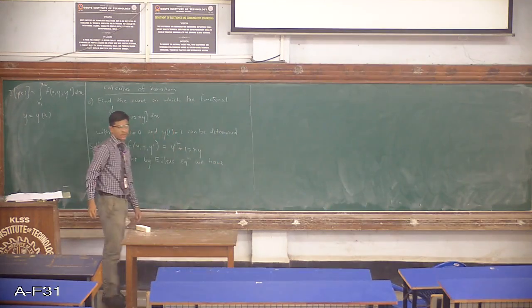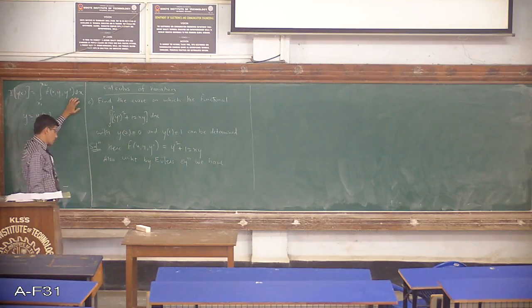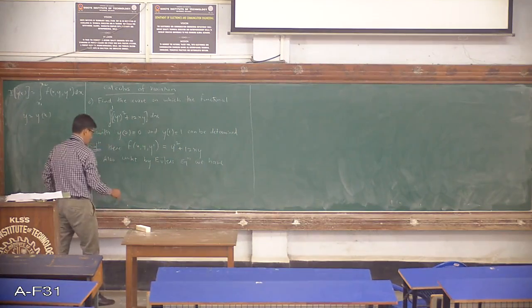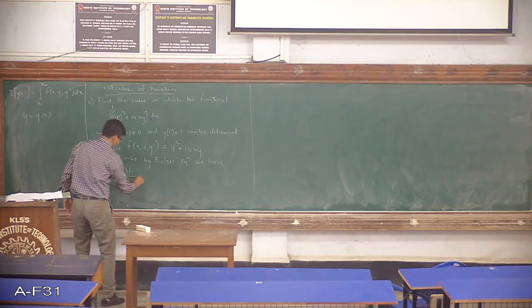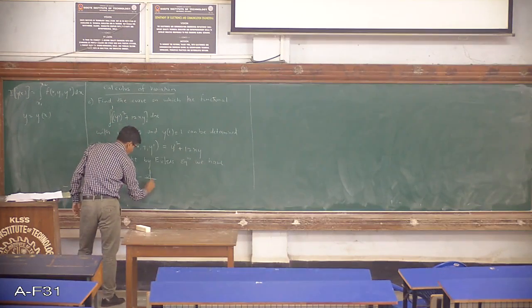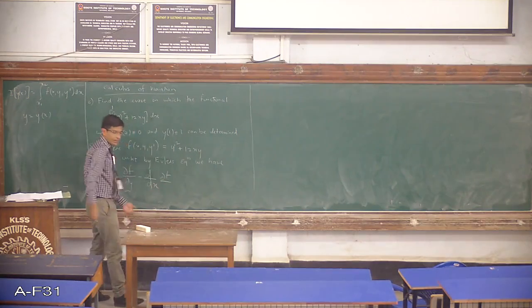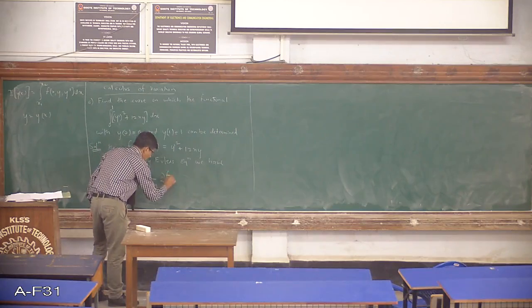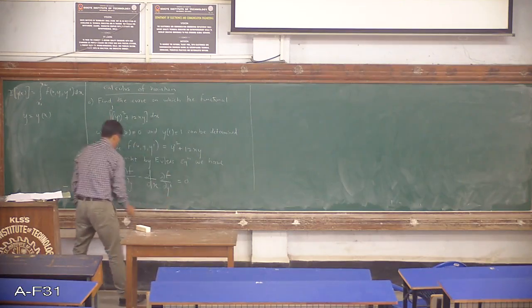And why do we do that? To solve the variational problems, what we do, we make use of Euler's equation. That is, it is given by dou f by dou y minus d by dx of dou f by dou y prime, which is equal to 0.